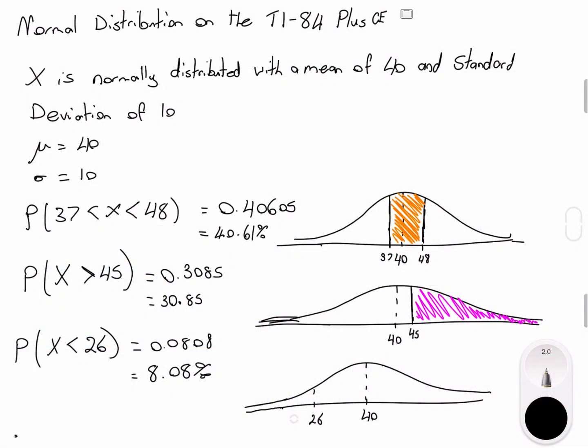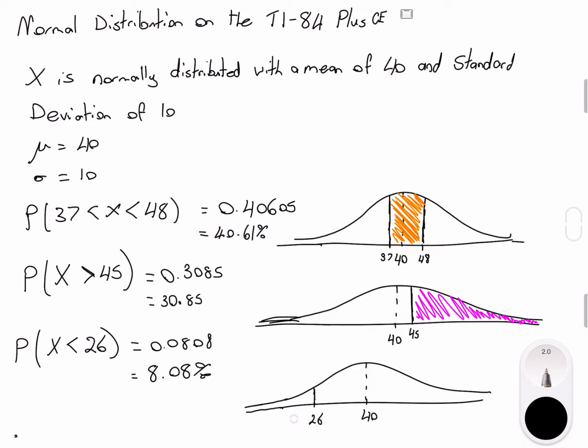Right, let's go back and illustrate it, and that's basically it for using a calculator to do this. I've already drawn the curve in. I've just left the 26 there. Now, it's worth noting that you should be looking at a curve of the normal distribution and how it's spaced out. You'll notice that the spacing between the mean and one standard deviation is the same as between the mean plus one standard deviation and the mean plus two standard deviations.